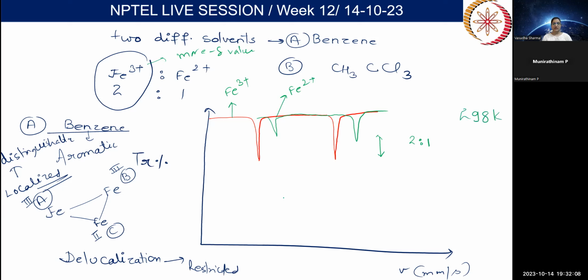So this is fine. Now, when we are going from 298 to 120 Kelvin, that means we are reducing. Even at higher temperature, delocalization is not happening and we can easily see the peaks over there. And these peaks remain as such when we are going to lower temperature.